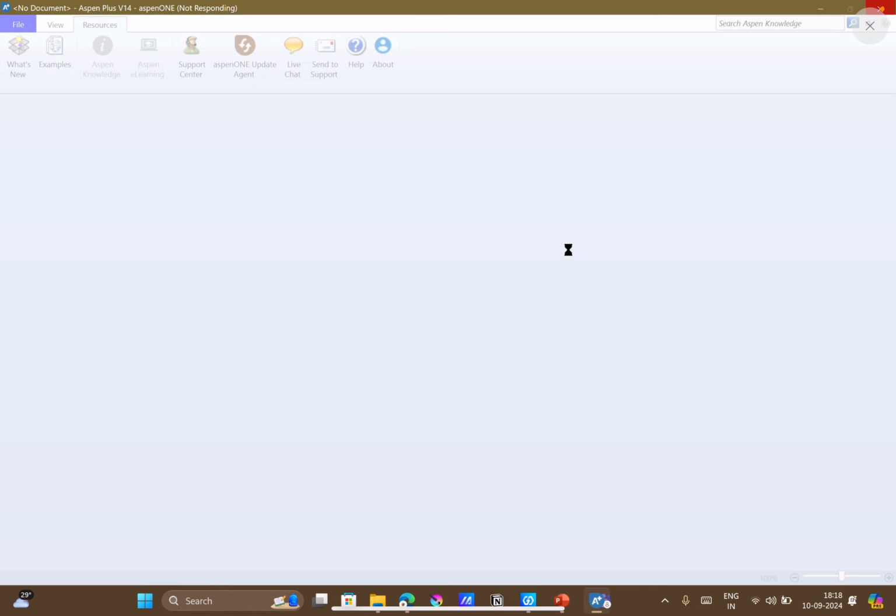Condenser type is still total, and operating pressure is slightly changed, 16.8 atmosphere. Feed location is given and the pressure drop across the column is 0. Then we have to perform a sensitivity analysis by varying the reflux ratio from 2 to 15 with an increment of 0.5 to tabulate the propane mole fraction in the distillate.